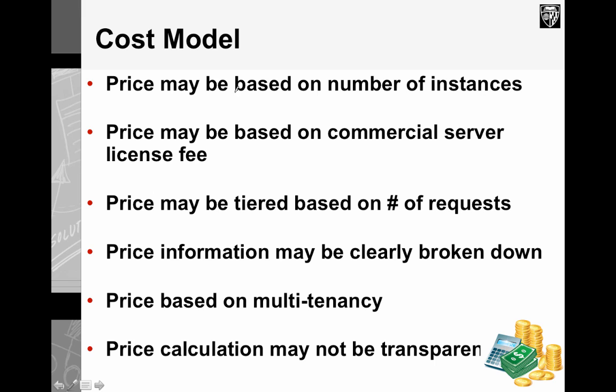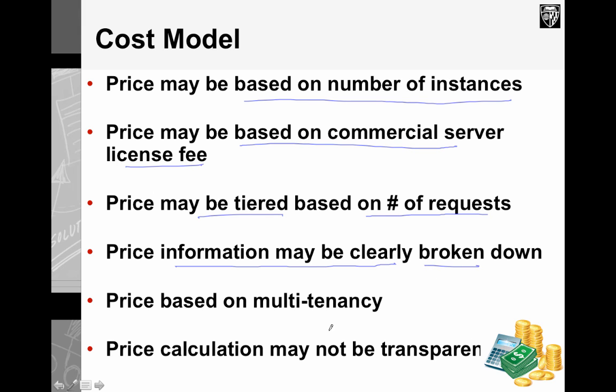The cost model may also be different. The price may be based upon the number of instances that may be launched, which is the application server instances. It may be based upon a commercial server license. For example, if you're using IaaS, the price may include the IaaS fee, or you may have to pay for the Microsoft IaaS server. Price may be tiered based upon the number of requests being made. That may be an option. Price information may not be clearly broken down.